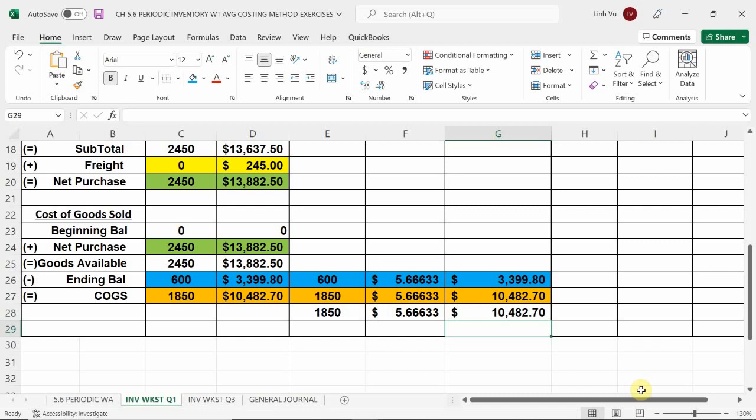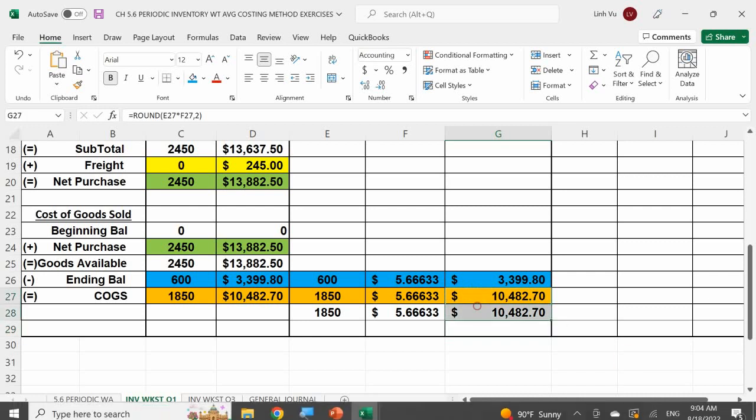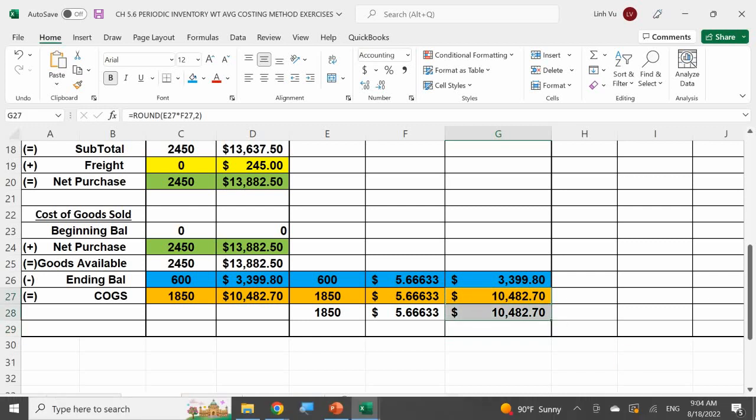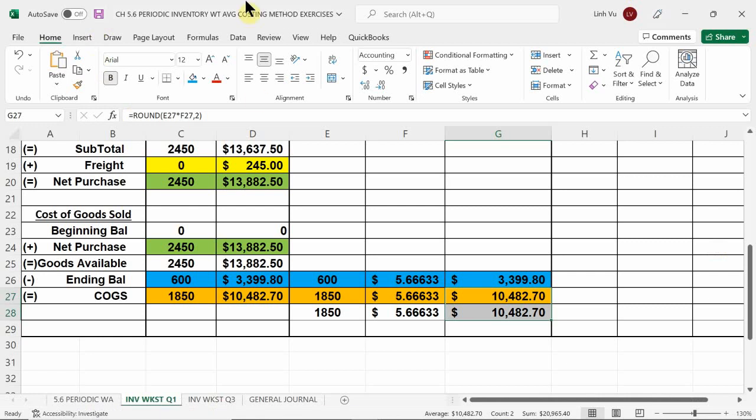What's the difference with this? Well, I'm going to show you what the difference is. So in one of them, I just multiplied across, right? The way that Excel is tricking you is because I formatted it to only show me 2 decimal places, or the nearest penny, right? That's the accounting style. But if I were to open it up and look at how many decimals are in here, you're going to see that it is more than 70 cents.